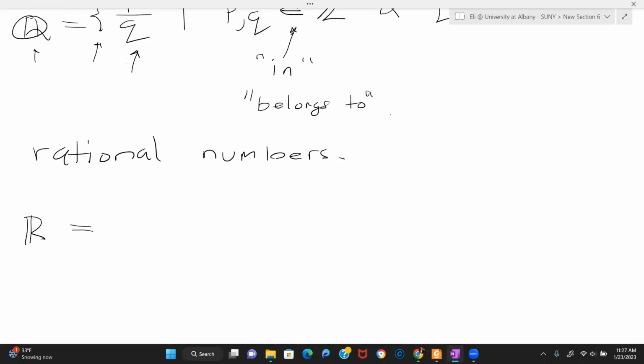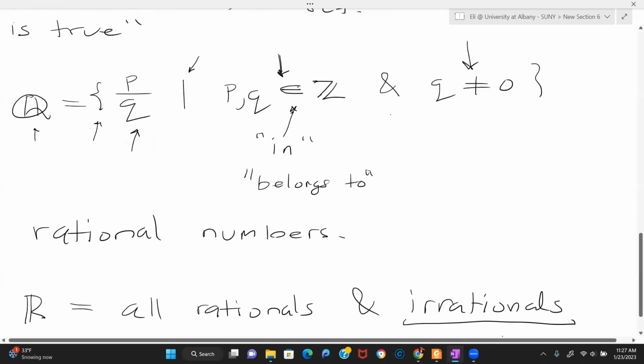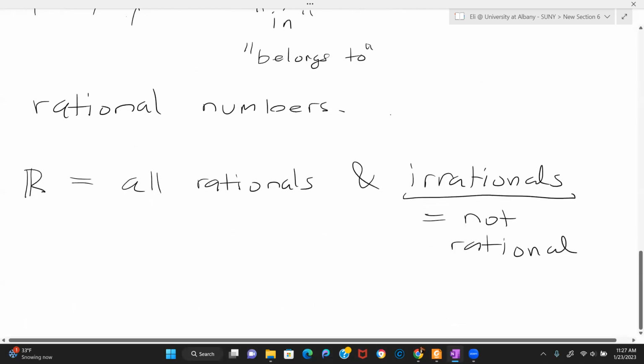The real numbers just consist of all rationals and irrational numbers. Irrational means not rational. In other words, an irrational number is a number that doesn't belong to this set. It can't be written in this form right here.